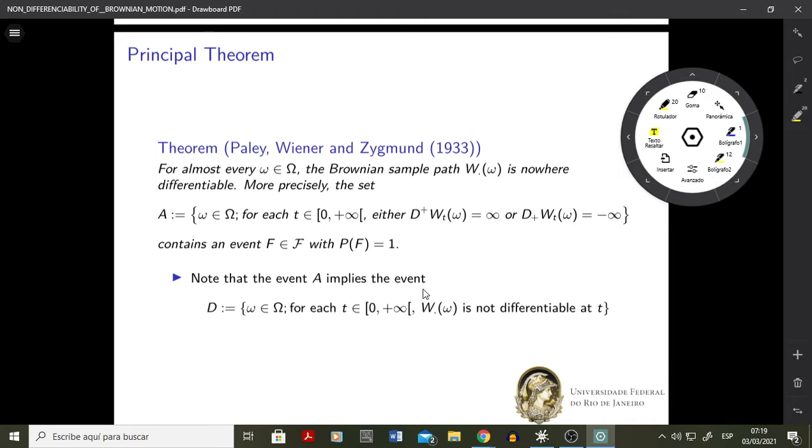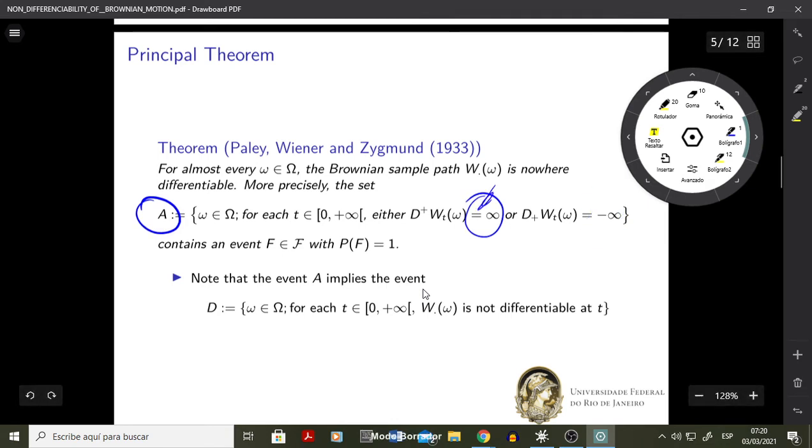Well, it says that for almost every omega in Omega, the Brownian sample path W as a function of t is nowhere differentiable, and more precisely, the set A, okay, the set where for each non-negative real number t, either the upper right derivative of the Brownian motion at t is plus infinity, or the lower right derivative at t of the Brownian motion is minus infinity.